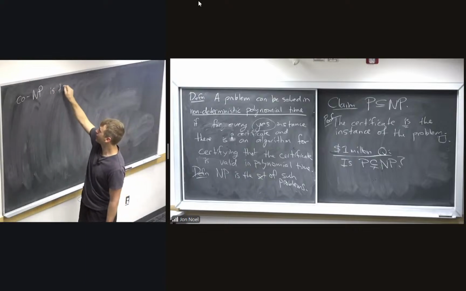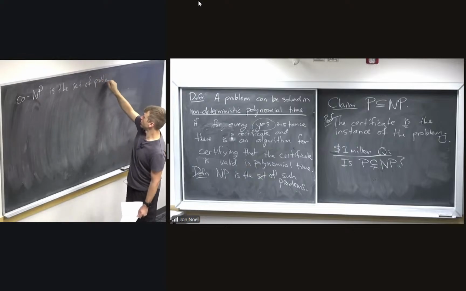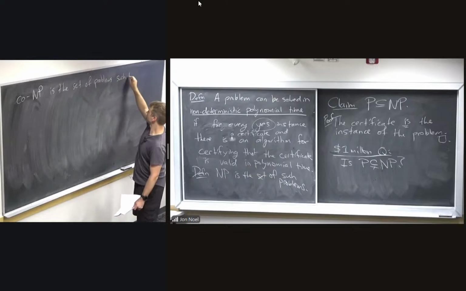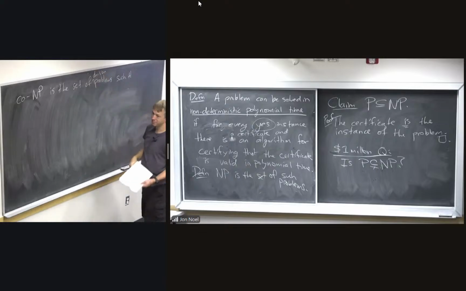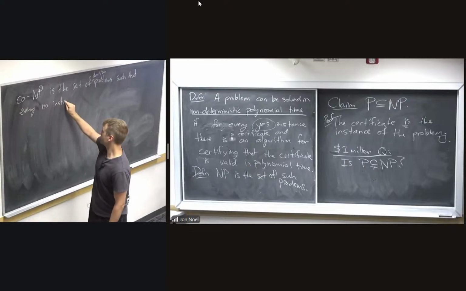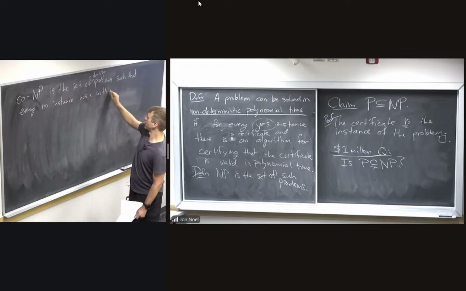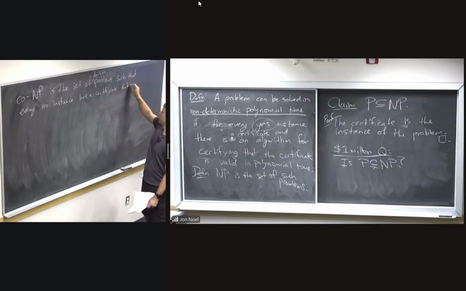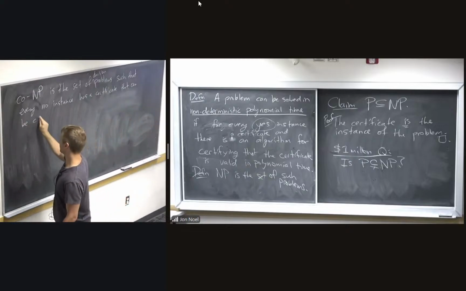This is the set of decision problems again, not optimization problems, so yes or no questions, such that every no instance has a certificate that can be checked in polynomial time.